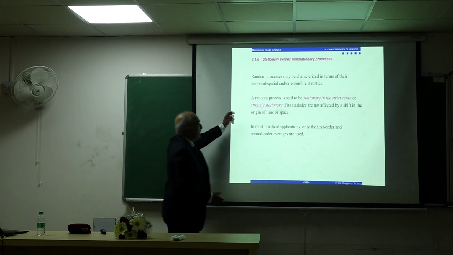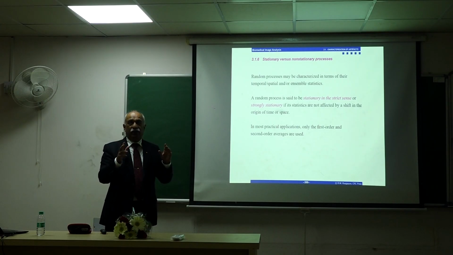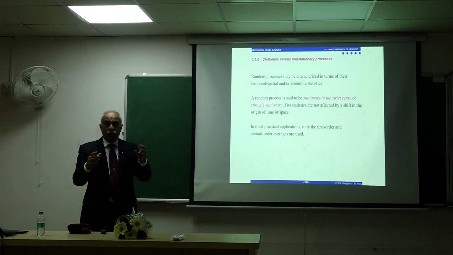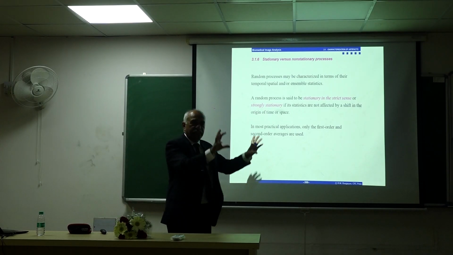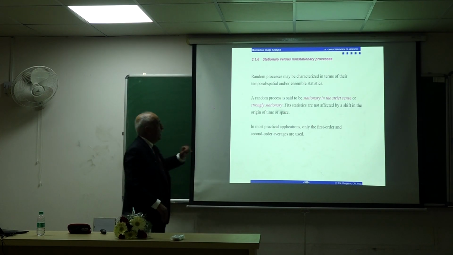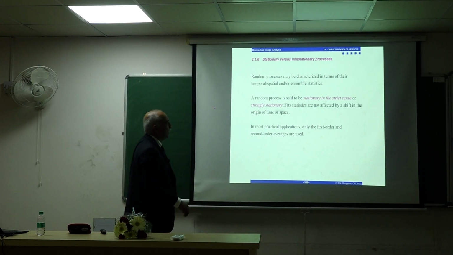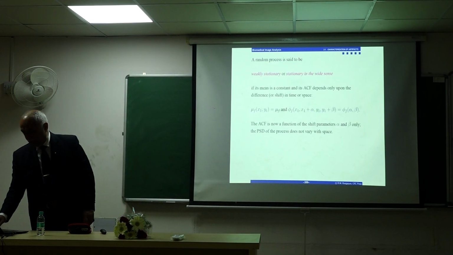A process is said to be stationary in the strict sense, or strongly stationary, if all of its statistics are not affected by a shift in the origin, or time or space. So if you take a bunch of samples here or there, and the statistics are the same, all statistics, all moments. In practical applications, only the first and second order averages like mean and standard deviation or variance are used.